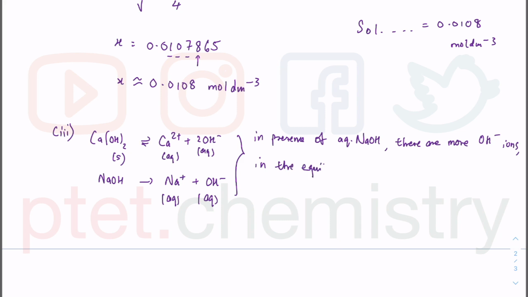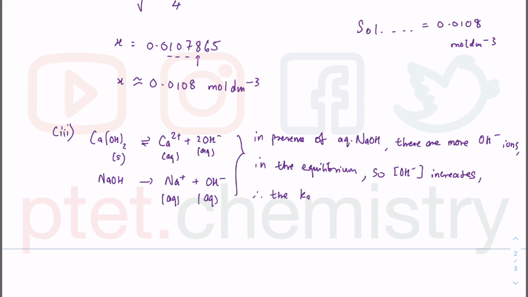Together they're existing together, because the amount of OH⁻ from here is full dissociation, and is going to far exceed the amount of hydroxide from there. And because now you have more hydroxide in the equilibrium, what will this system do in response to the increase in OH⁻ concentration? What will the equilibrium do? That is to do with Le Chatelier's principle.